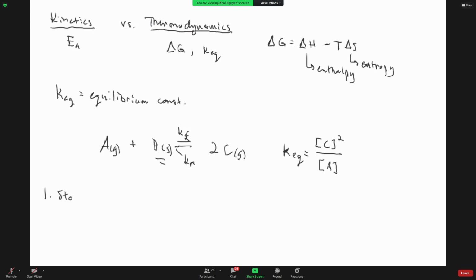One, stoichiometric values in the balanced equation become exponents in the KEQ expression. This value is this value here, okay?